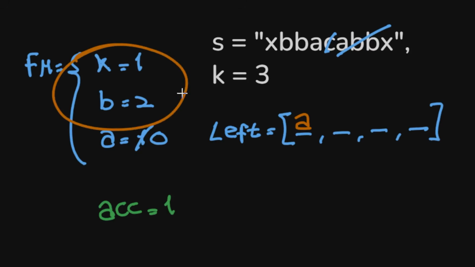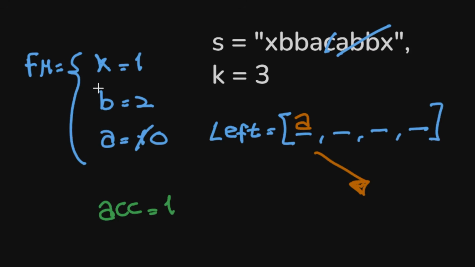These are remaining characters and frequencies. And if we want to get the lexicographically smallest string, we should continue with the smaller between X and B, meaning B. So we temporarily subtract 1 from this frequency, and this is now 1, which means that we are testing this scenario. What if we continue with the B?